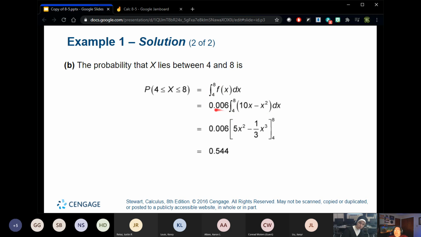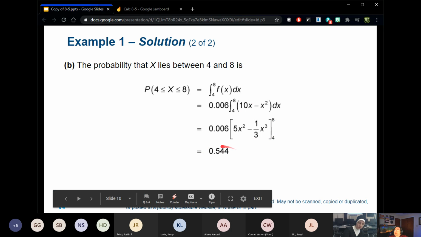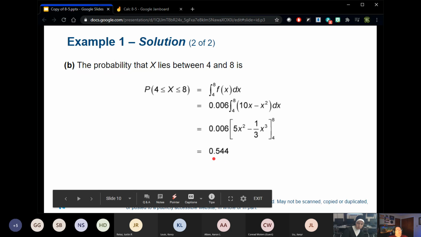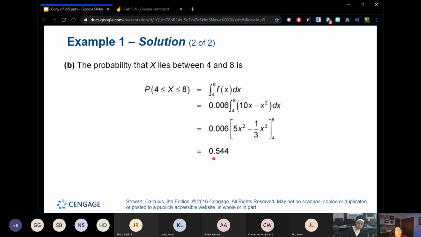Since we already did the integral, I don't have to do it again. We're just going to plug in 4 and 8 into the problem. When we plug in 4 and 8, we get 0.544. So the probability that this value is going to be between 4 and 8 is about 54.4%.